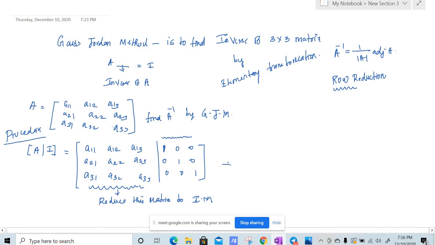So at last, this matrix will be changed to identity matrix, and this matrix will be some other matrix, and this other matrix is called the inverse of A, right? I'll write the procedure now.